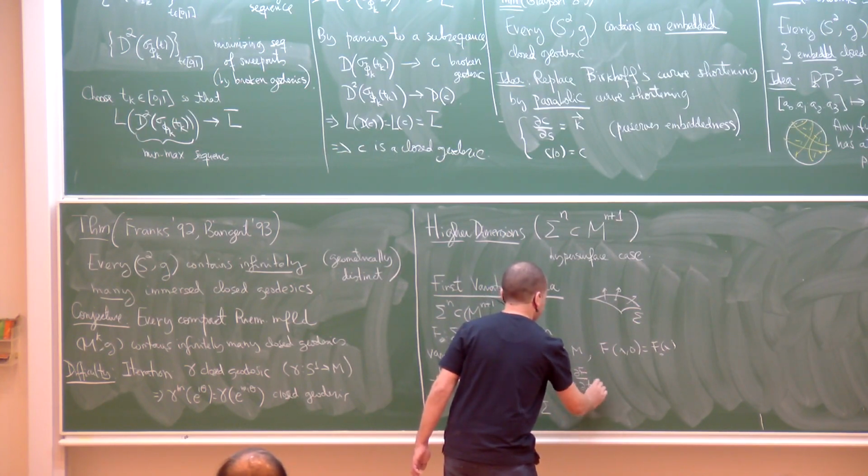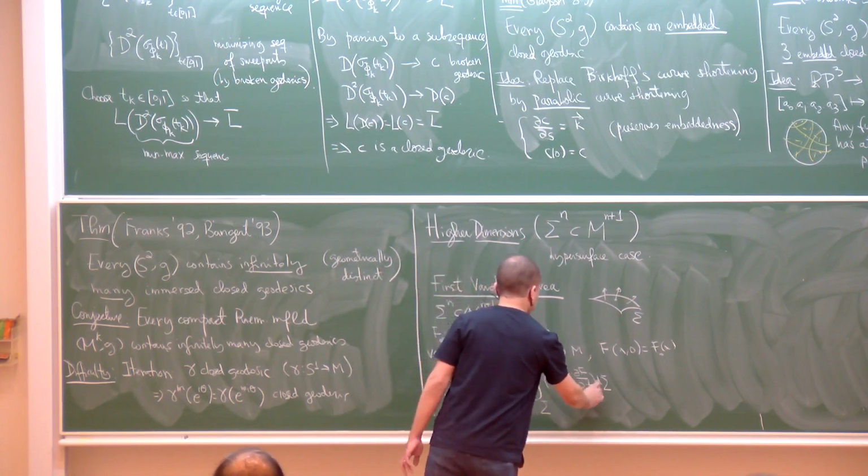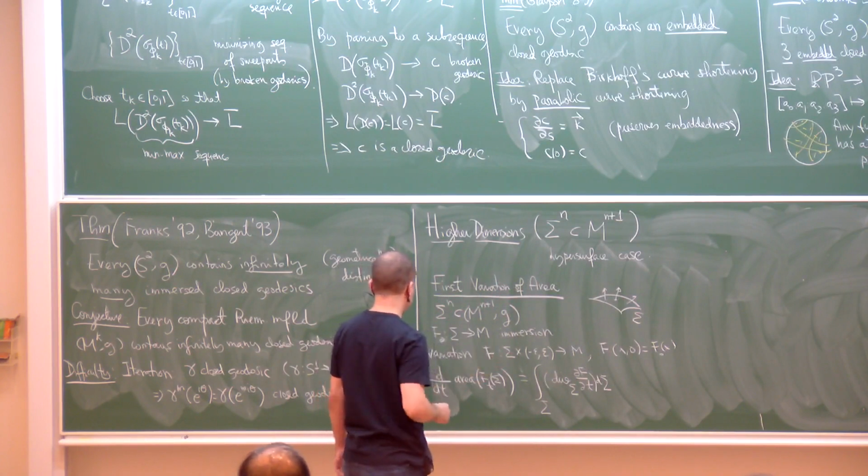So this is one way of writing the first variation of area. I will define this in a second.